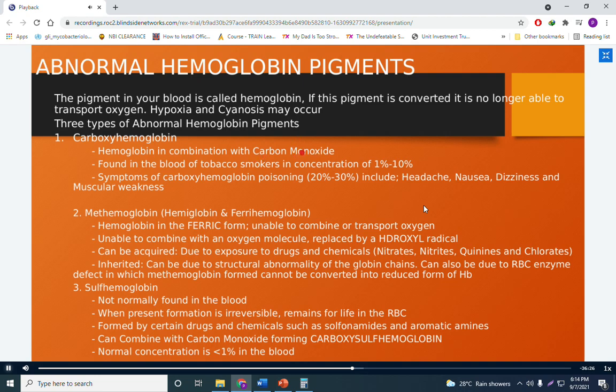Carbon monoxide, not dioxide. This is commonly found in the blood of tobacco smokers in concentrations of 1 to 10%. The symptoms of carboxyhemoglobin poisoning, class, you only become poisoned if your concentration in the blood reaches 20 to 30%. It can include headache, nausea, dizziness, and muscular weakness.